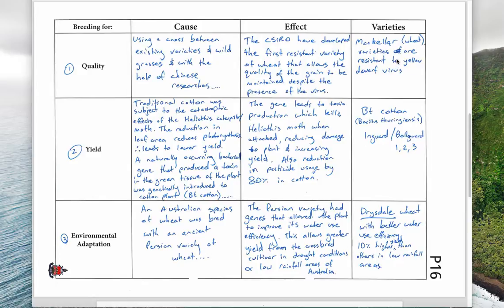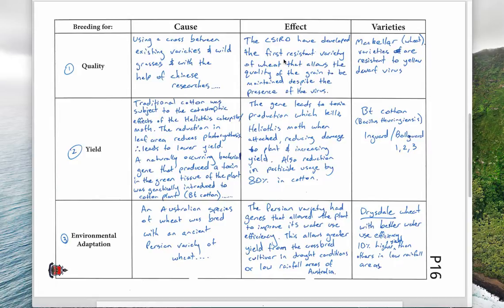The example is Mackellar wheat, and basically CSIRO, the Australian Government Scientific Research Organisation, have worked with Chinese researchers and crossed some wild grasses with existing varieties of wheat, and basically the wild grasses have a natural resistance to the yellow dwarf virus. So this is the example of the effect here. So they've developed a variety that's resistant.